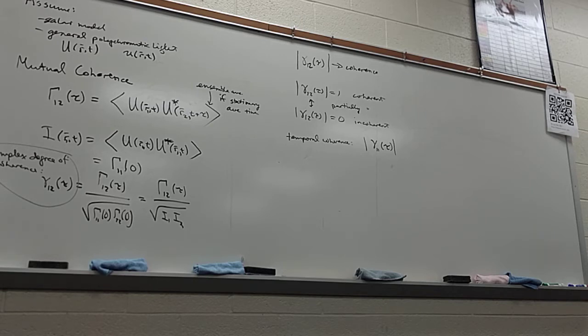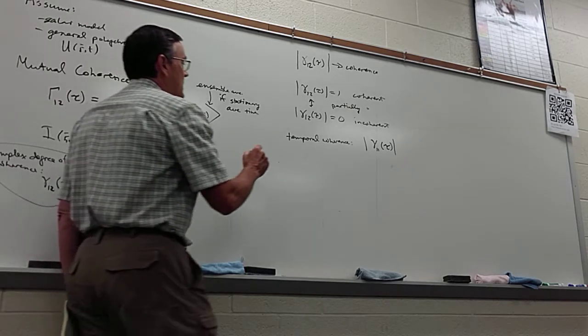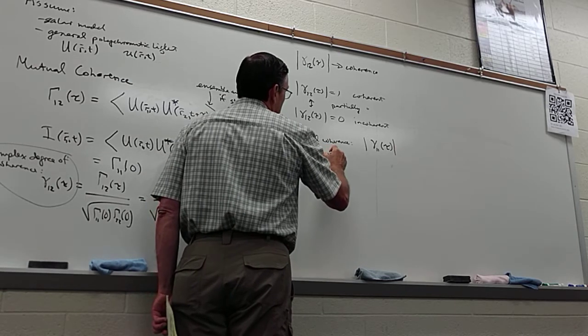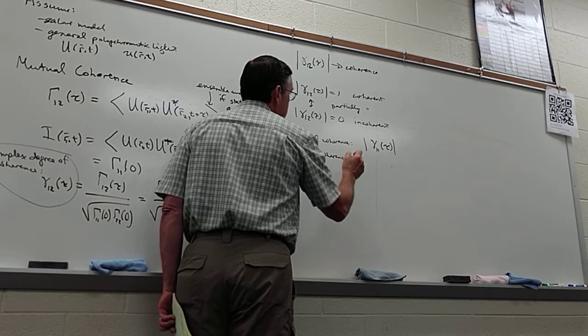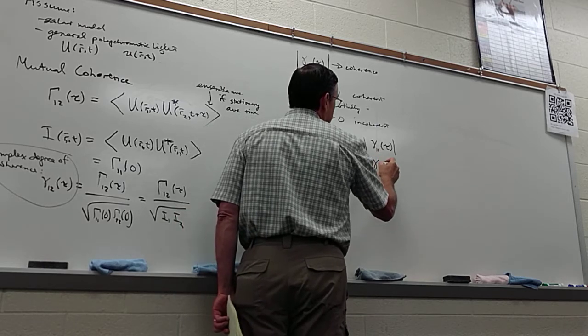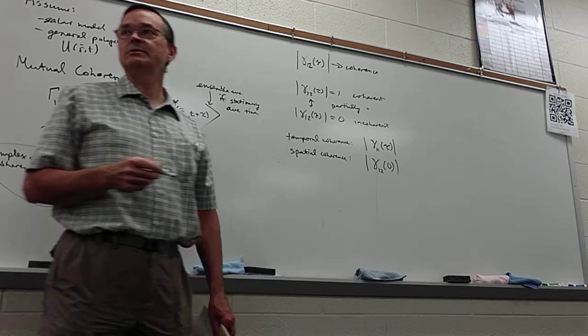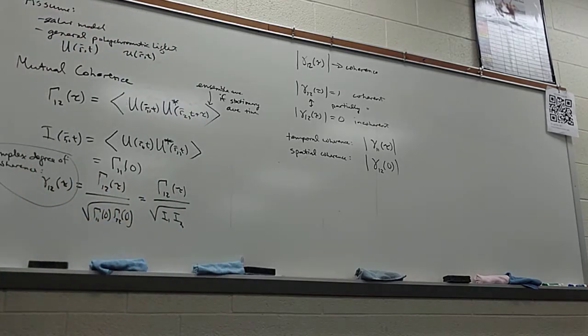Exactly. And so that means then that spatial coherence is the coherence gamma 1, 2 of 0. So two different positions but the same time. In other words, we take a snapshot and then we look at two different positions. Do we just arbitrarily choose 0 then?